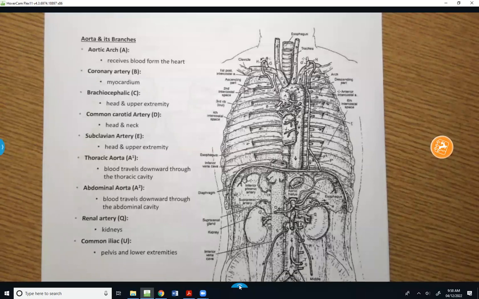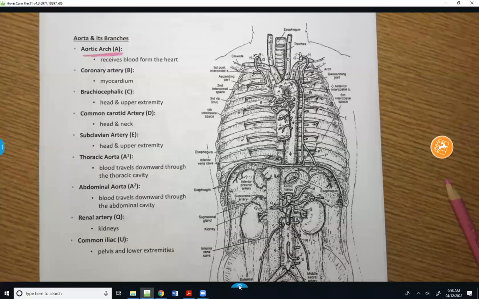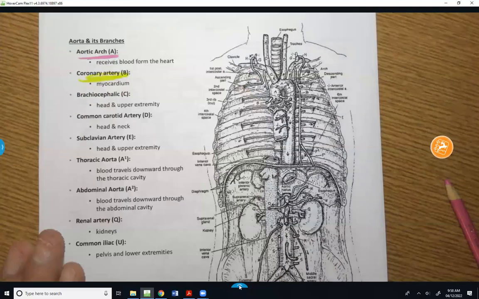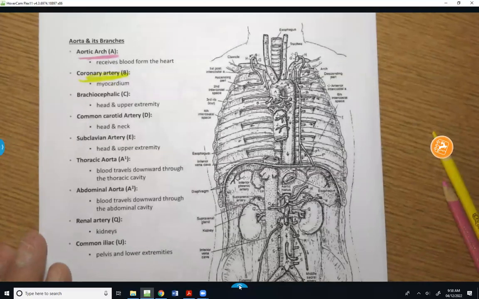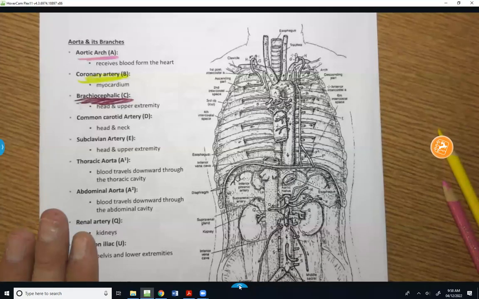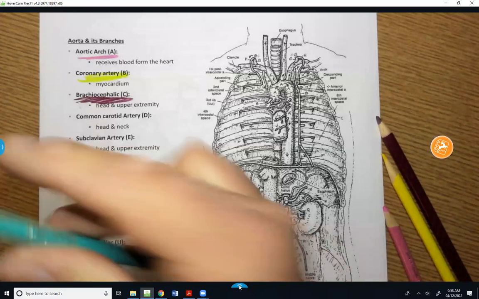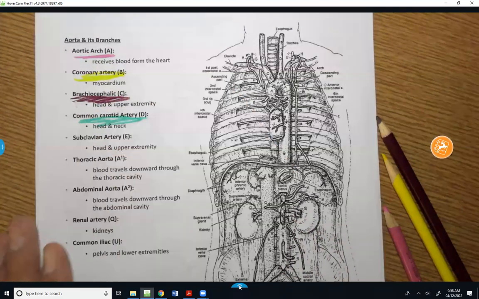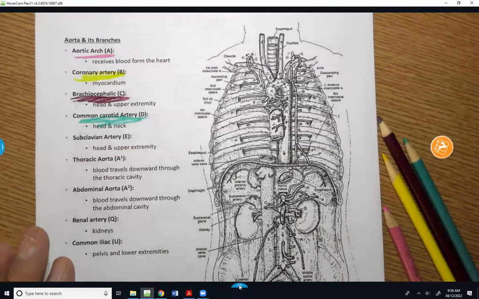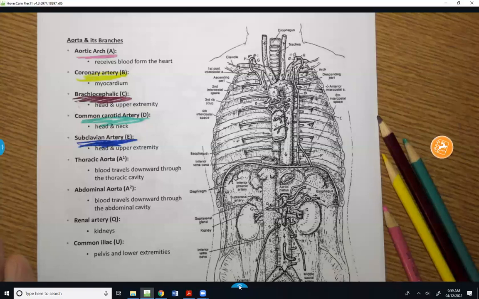Now, what I'll do is just go through and color code, and then we'll go through and color and discuss. So I'm going to go pink for the aortic arch, yellow for the coronaries. Nice dark blood red here for the brachiocephalic. Nice aqua color green there for the common carotid. Blue for the subclavian.